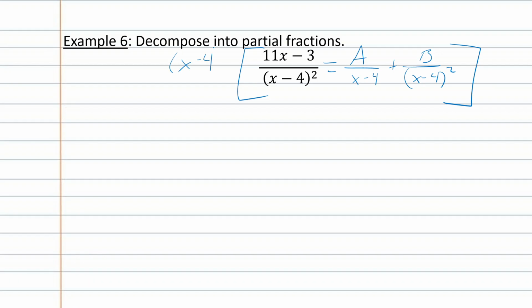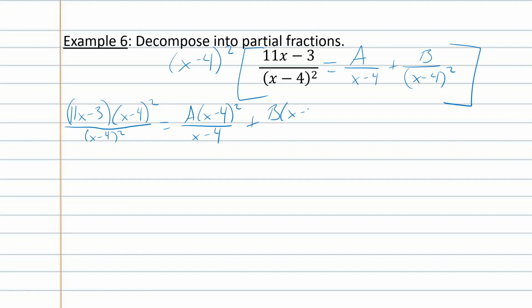Okay. Now if we multiply the whole thing by the common denominator, x minus 4 squared, we get 11x minus 3 equals A times x minus 4 squared over x minus 4, plus B times x minus 4 squared over x minus 4 squared.